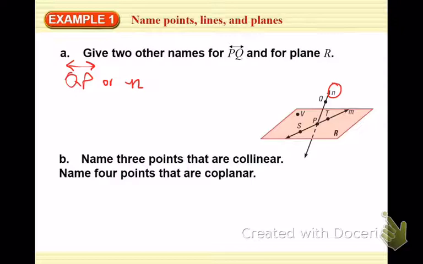It takes 3 points to name a plane, so we could call this plane VSP if you want, or plane VST, and there are other options. Plane VPT, plane VTS, plane PVT. I mean, there's a never ending list, right? Just use any 3 points that are in that plane, and you would be fine. Okay? 3 non-collinear points in that plane, and you'd be okay.